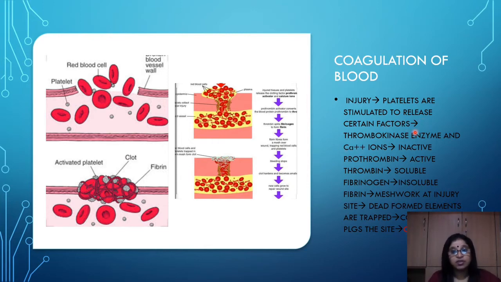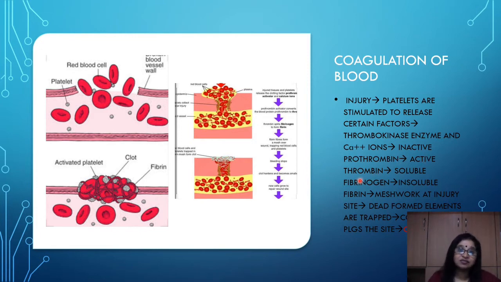Now these will help in the release of an enzyme, the thrombokinase. This thrombokinase enzyme, along with the presence of calcium ions which are already in the plasma, will act on the inactive factor called prothrombin, which is in the blood, and will convert it into active thrombin.